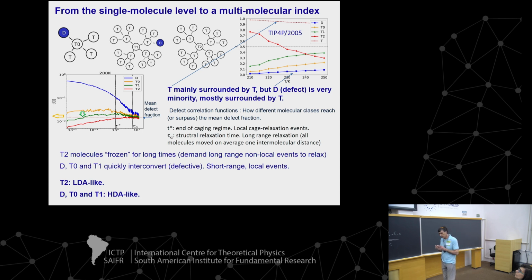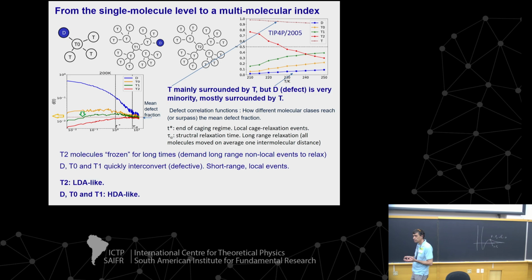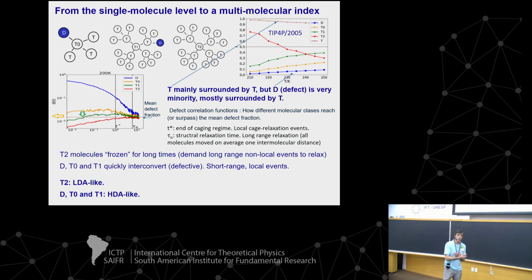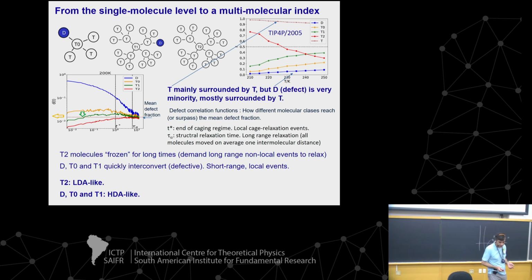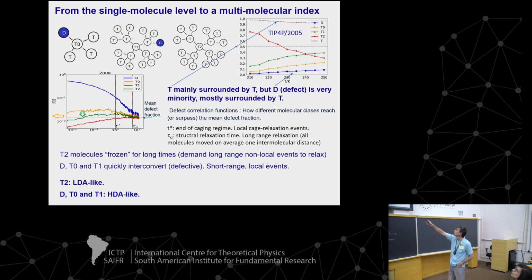That is, they are taking part in short-range events, since they have a very close defect in their cage, in their neighborhood, and they change one from another. And that's why we decided to look only at these ones, which correlate with the fraction of structural molecules as a function of temperature.